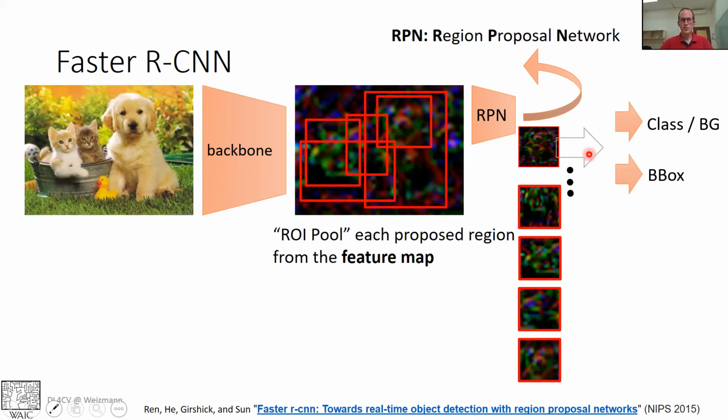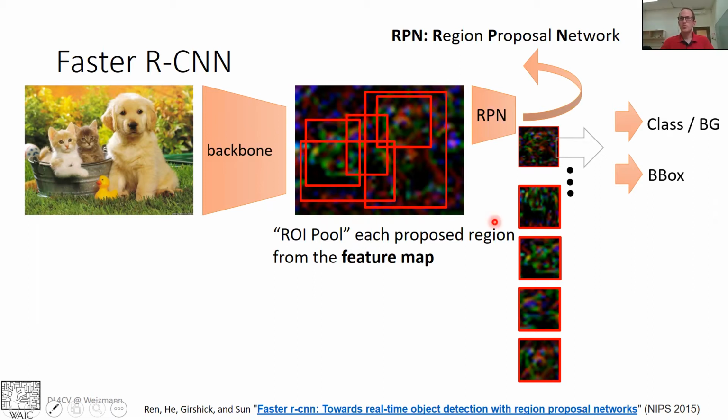So we are doing classification and bounding box regression for each and every one of the crops, but now we are not doing it for millions of crops, but only for a much smaller set, like a few thousand only.